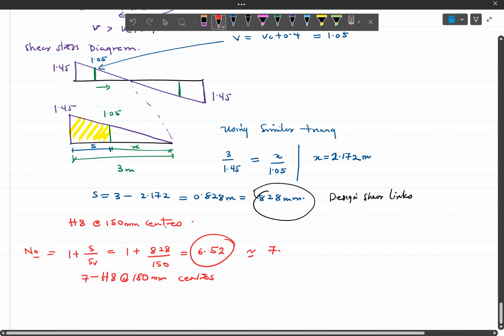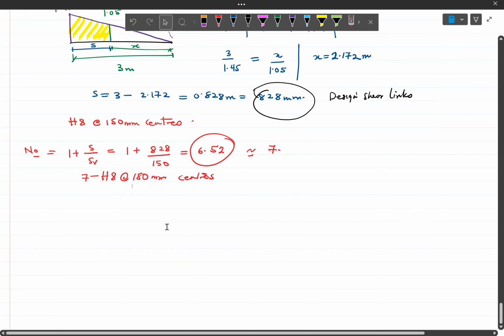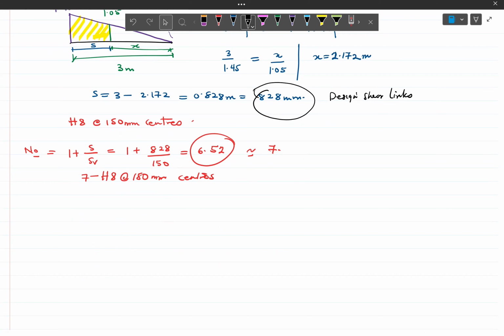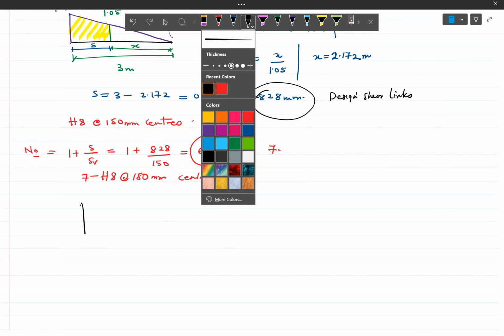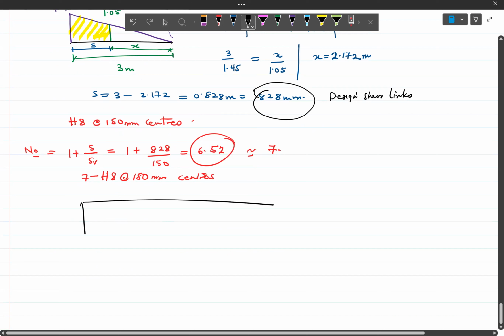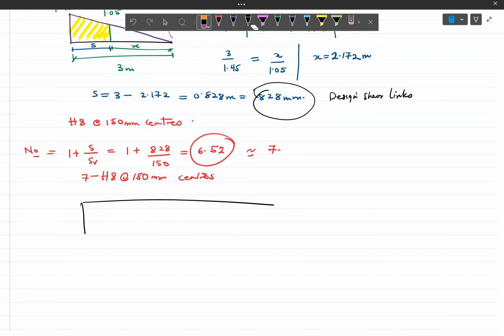So if I'm to draw pretty much how the beam should look like in terms of the shear links arrangement, okay, I think I need space at the top. Please erase. Okay, so let's go back.